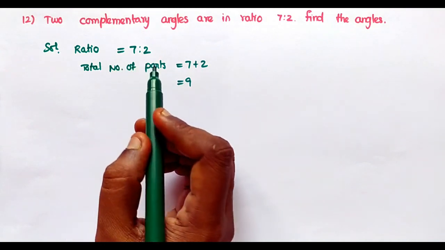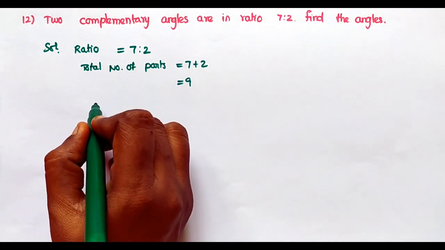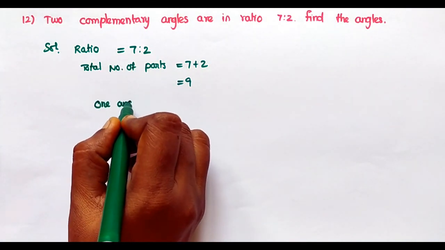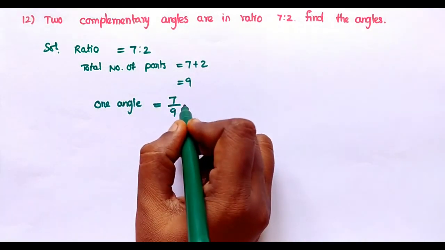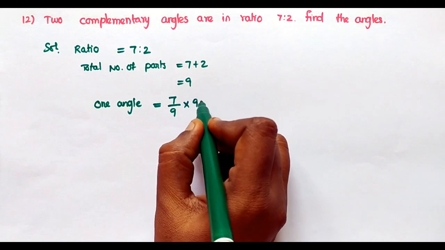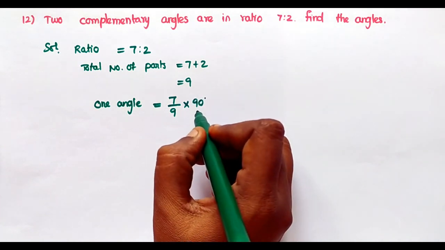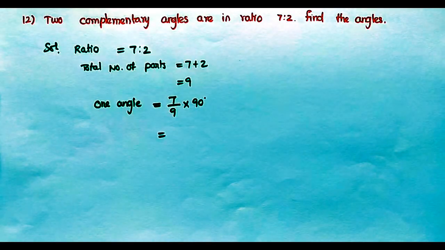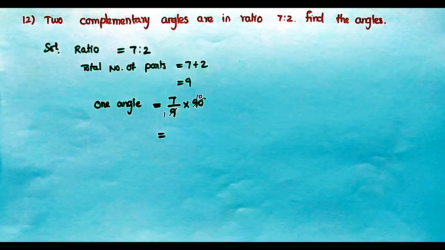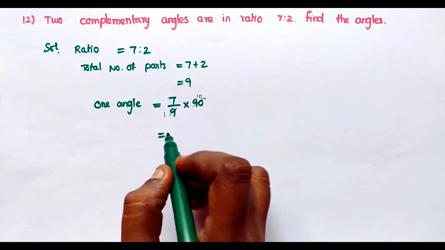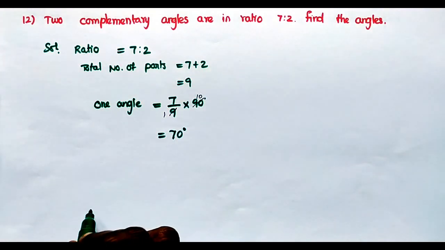The two angles are complementary. So one angle equal to 7 by 9 into 90 degree. Complementary means 90 degree. So cancel this number. 9 1 is 9. 9 10s are 90. 7 into 10, 70 degree.